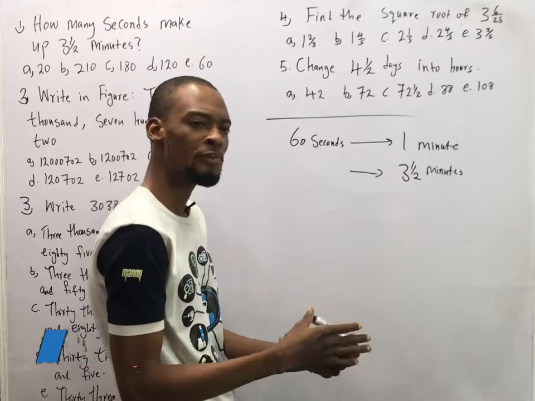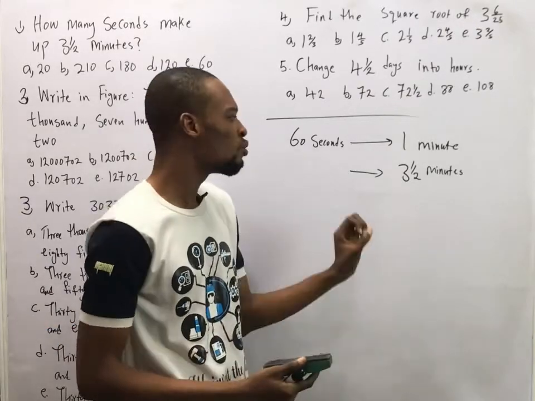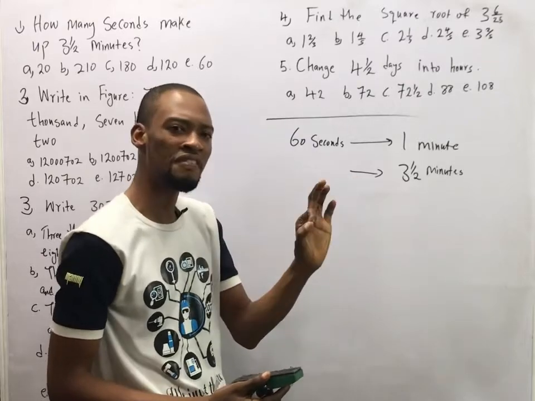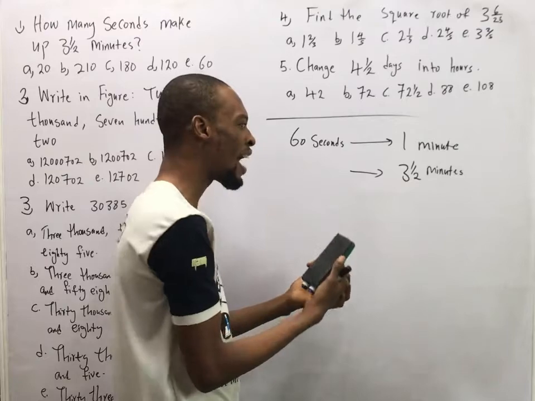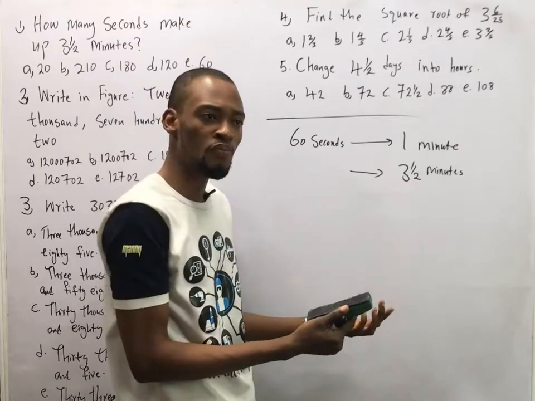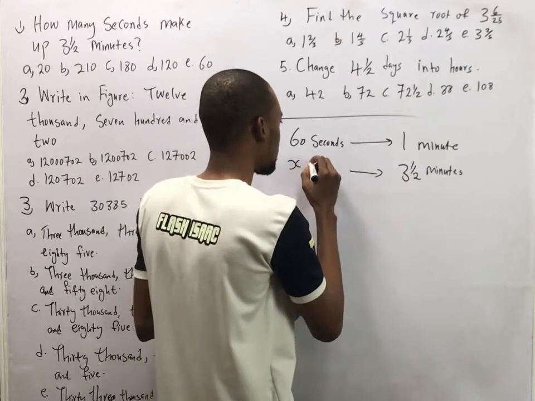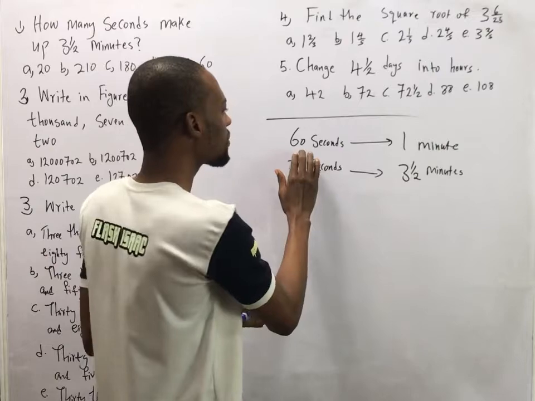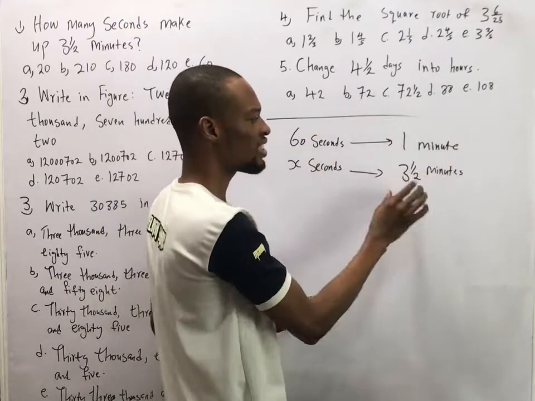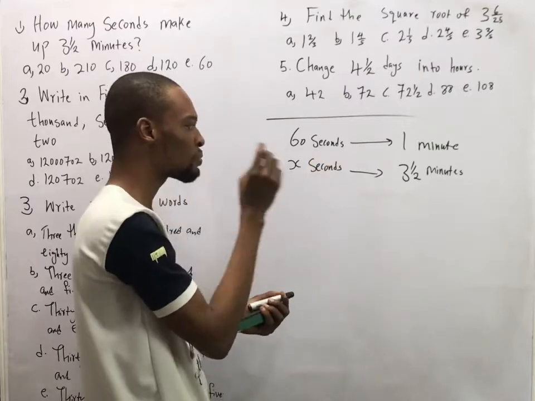So we don't know. In mathematics, when we are looking for something that we don't know, we choose a letter to represent it. You can represent it with S or Y or A, whatever you like. So in this, let me represent it with S seconds.